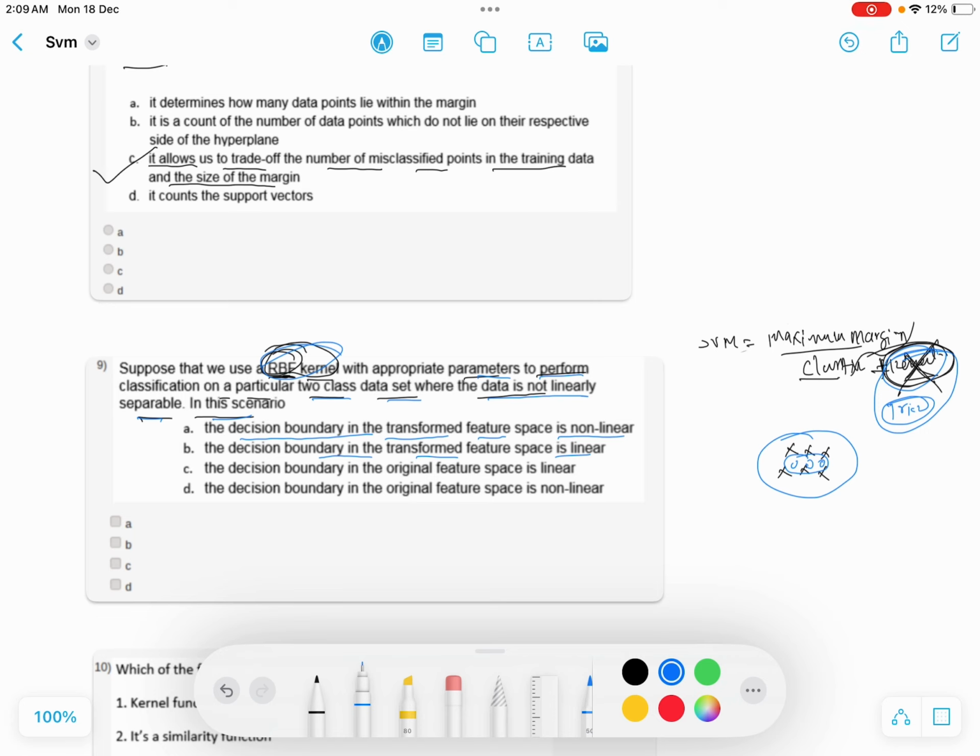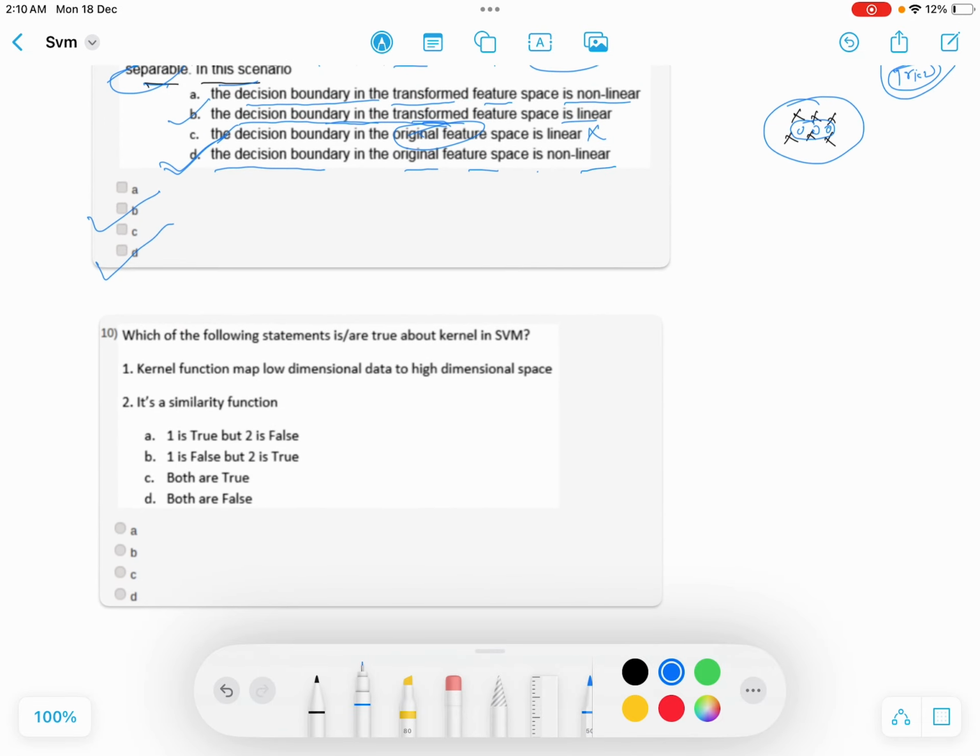So the decision boundary in the transformed, higher dimensional space is going to be linear, this is correct. The decision boundary in the original feature space is linear, no. If it is non-linearly separable, then how could it be linear? In the original feature space, this cannot be true. The decision boundary in the original feature space is nonlinear, so this is correct. So two options are correct, that is B and D.